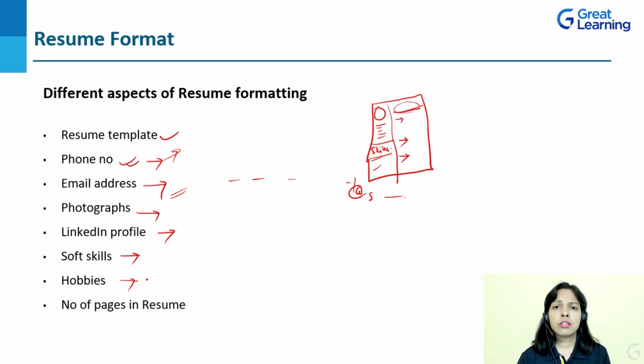If you are applying for a software developer job in any IT company which deals with artificial intelligence and machine learning, then you can write that you are very much interested in 3D games, or virtual reality, right? So hobbies can be written, but make sure it is somewhere adding a point to your skills.